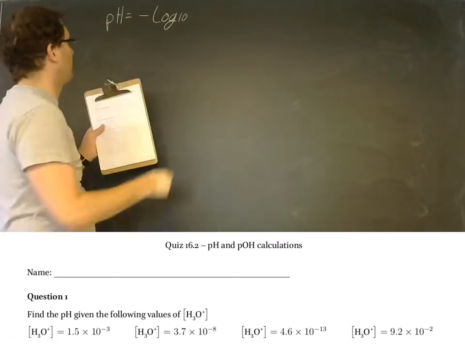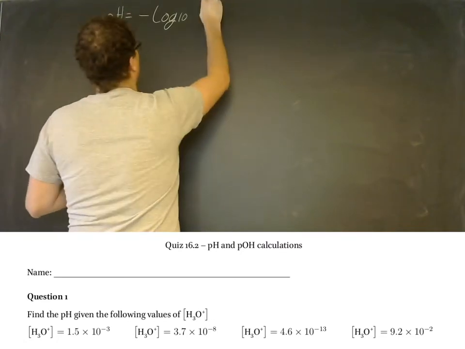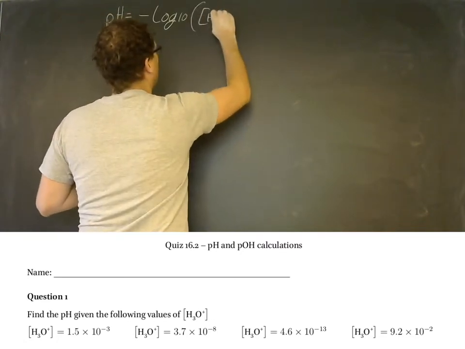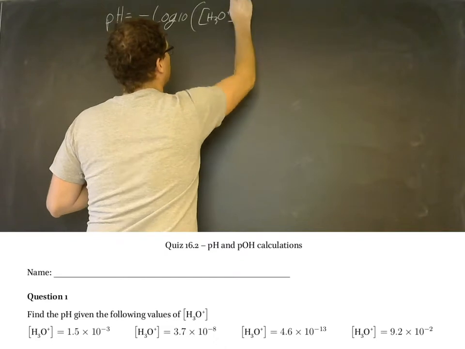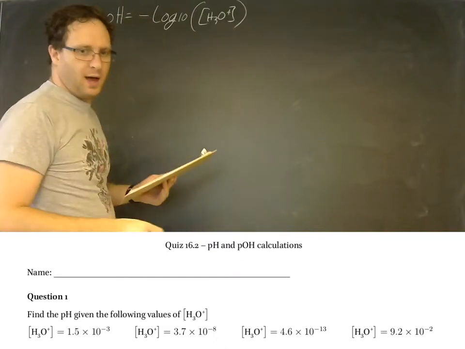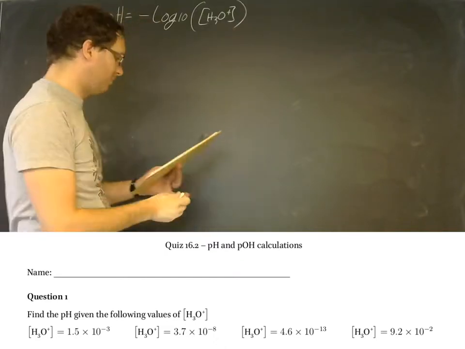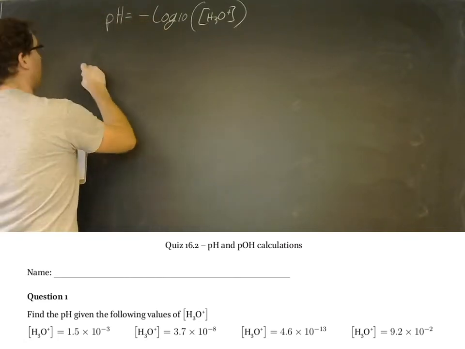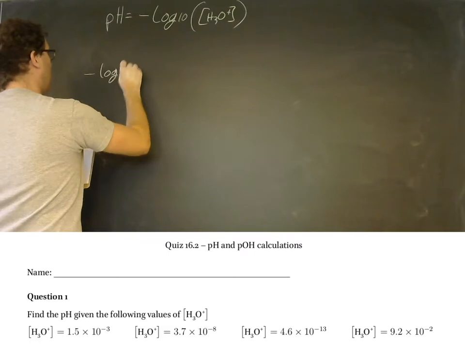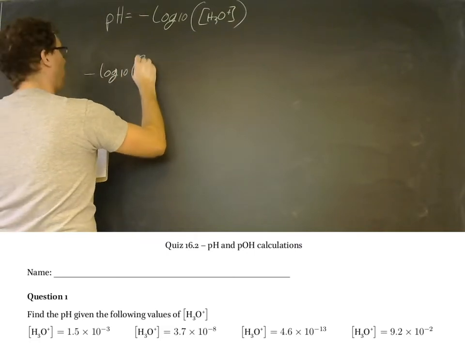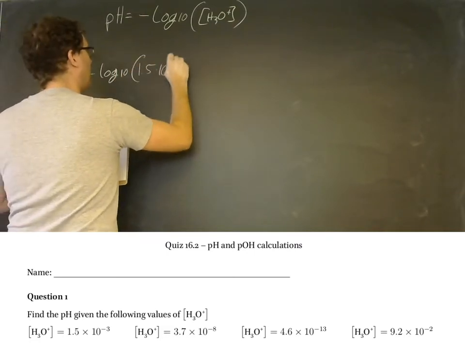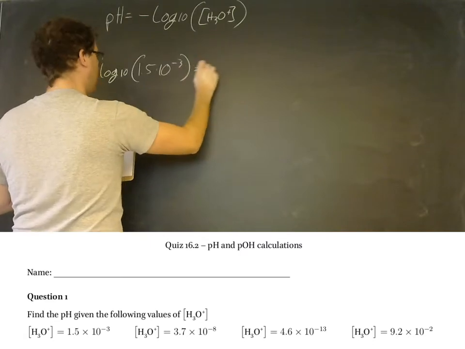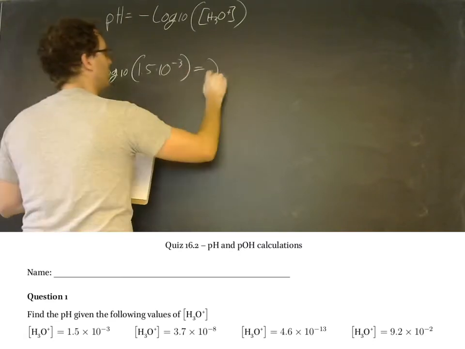Anyway, so that's a base 10 log of the H3O+ concentration. For the first one, we would say the negative log of 1.5 times 10 to the negative 3, that's going to equal 2.82.